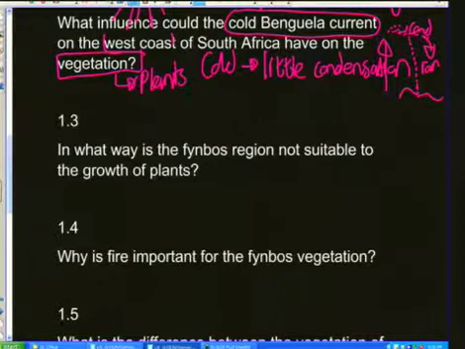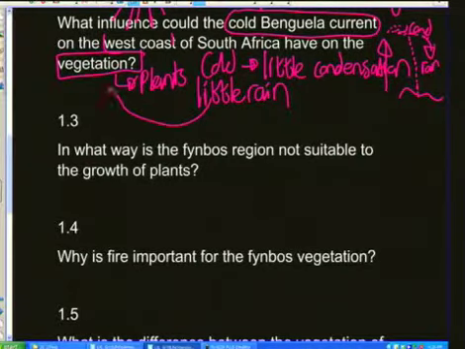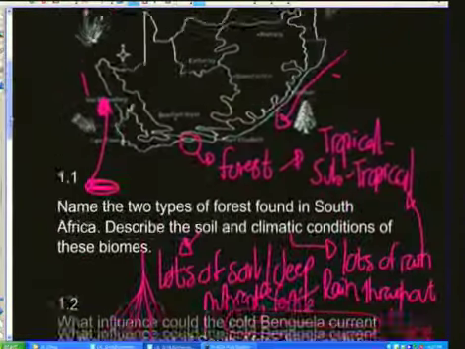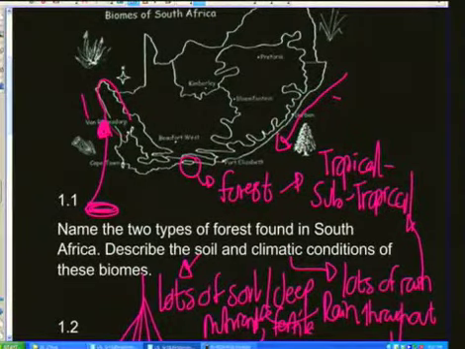Because we have very little condensation, we have very little rain. Now let us link it back to vegetation. Very little rain, tell me about the conditions. The conditions are dry. Now, if you go up here, the west coast, what area do I find over here?